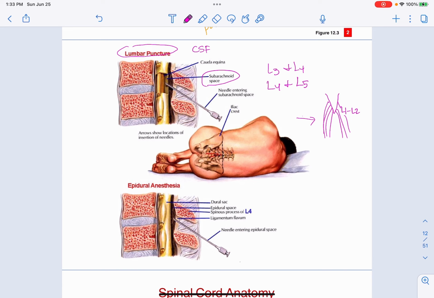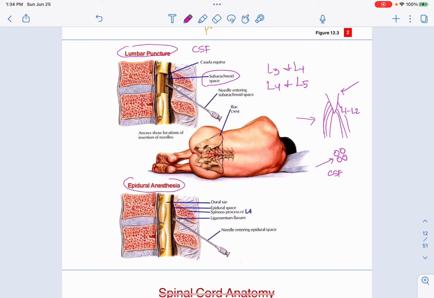These are individual nerves. And what can happen is if you do a cross section and you are looking at these nerves, if you stuck a needle in here, the needle may just push aside some of those nerves so that you can then obtain the cerebrospinal fluid without injuring the spinal cord. So you are less likely to harm a patient if you do it where the cauda equina is rather than where the spinal cord is, okay?